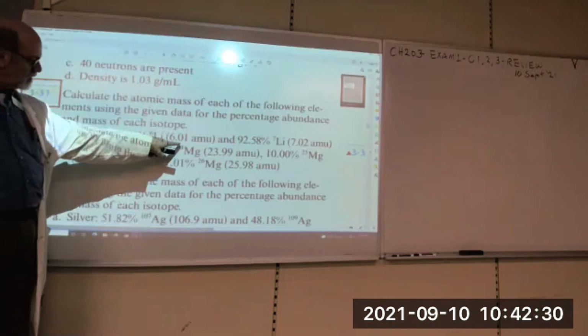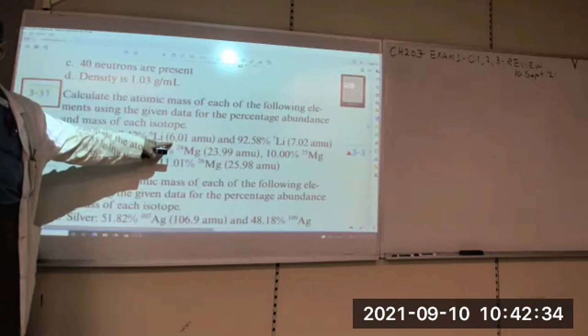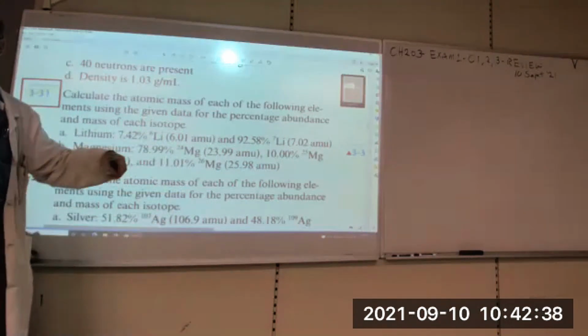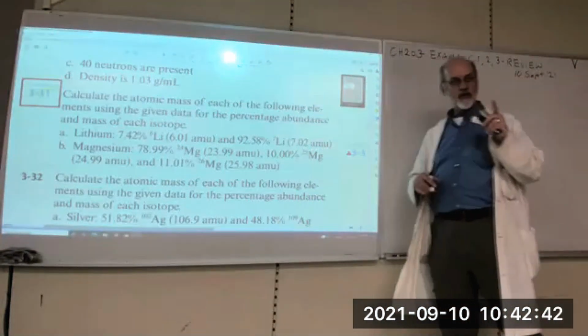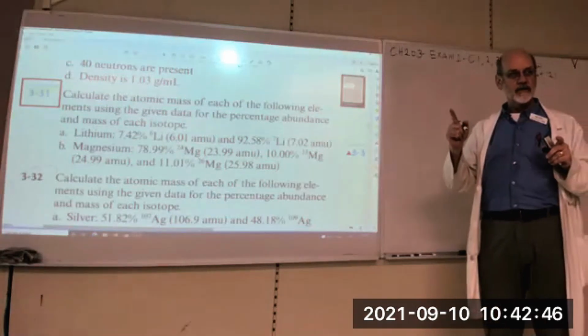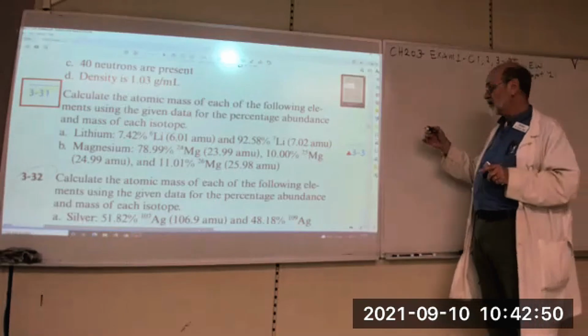And its actual mass is 6.01 atomic mass units. Now, why is it not 6? You remember? There's only one isotope in the entire periodic table that has a whole number value with infinite zeros. That's the standard.